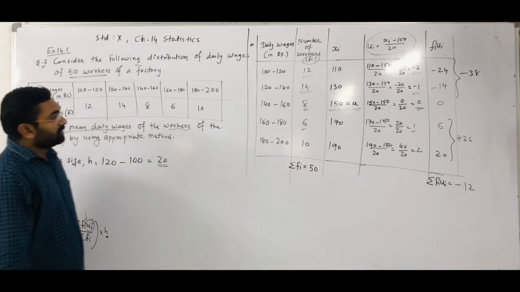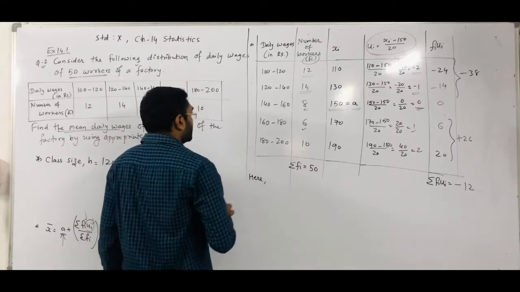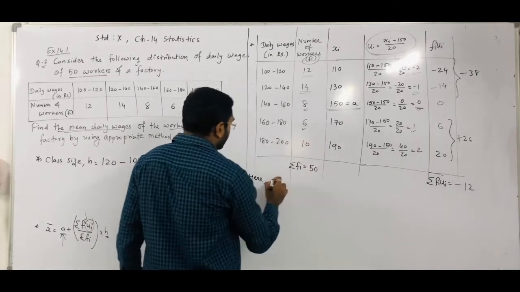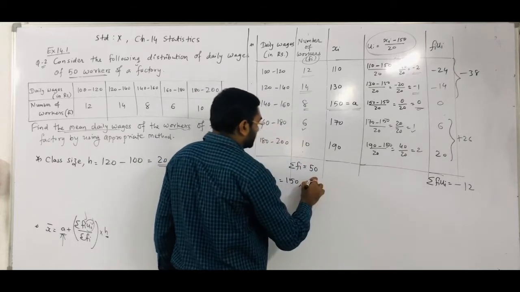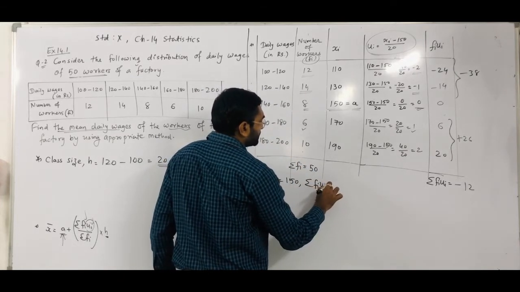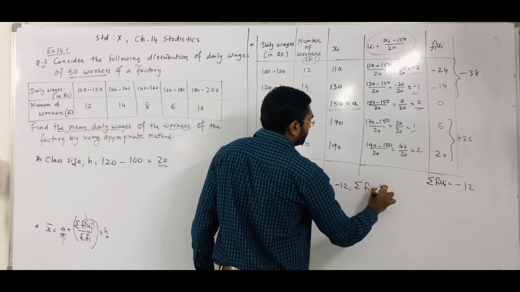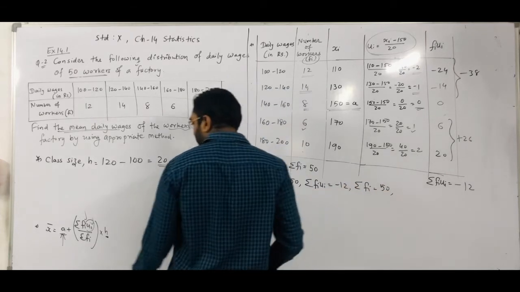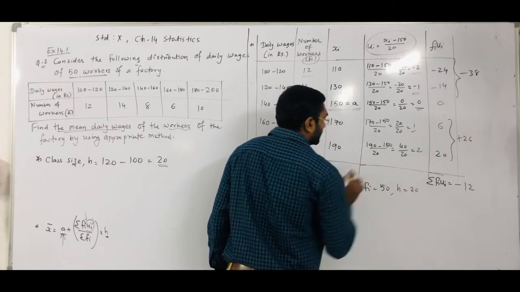Okay, so now we write all these values in the table. Here we define a is 150, then sigma fi ui is minus 12, then sigma fi value is 50, then h value we represent as 20, right?